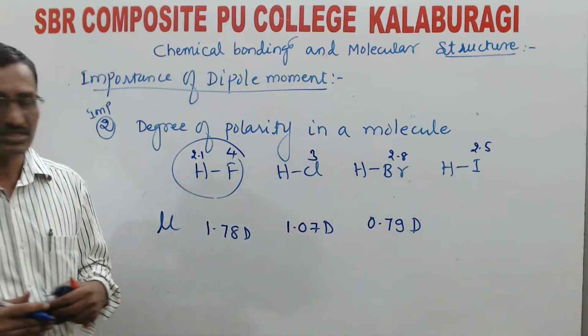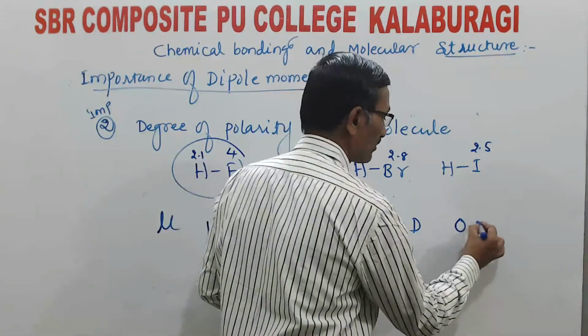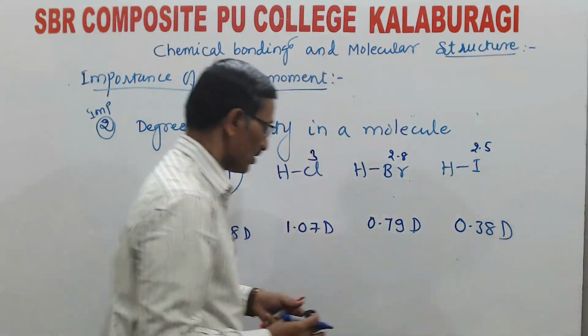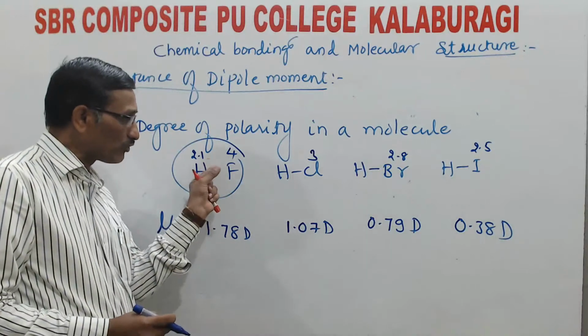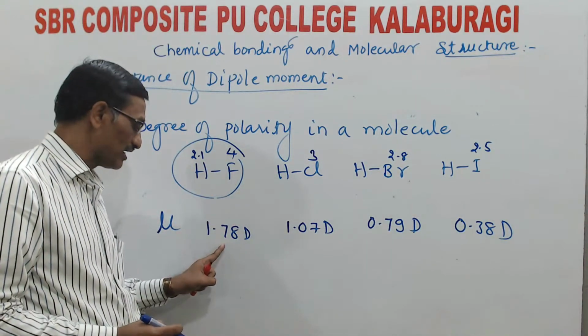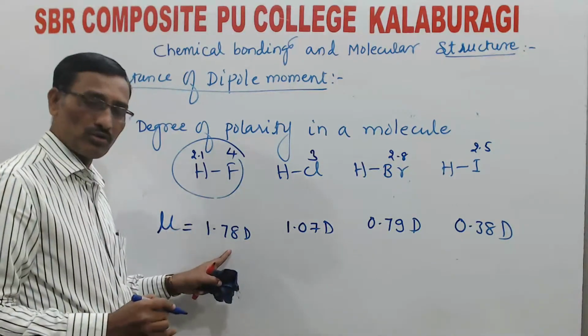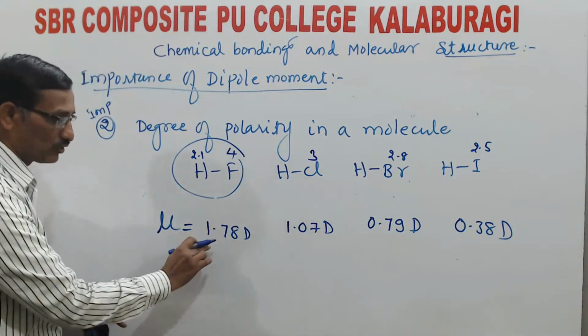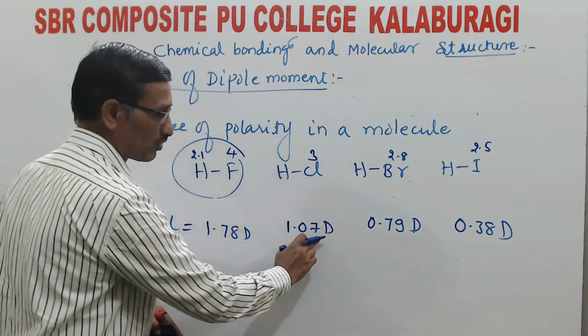The last one is roughly 0.38 D. So the more electronegative difference we see, the higher will be their dipole moment value: 1.78 D, 1.07 D.